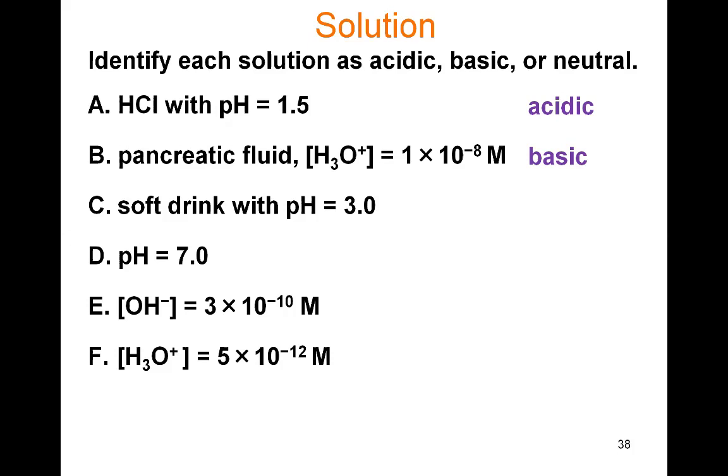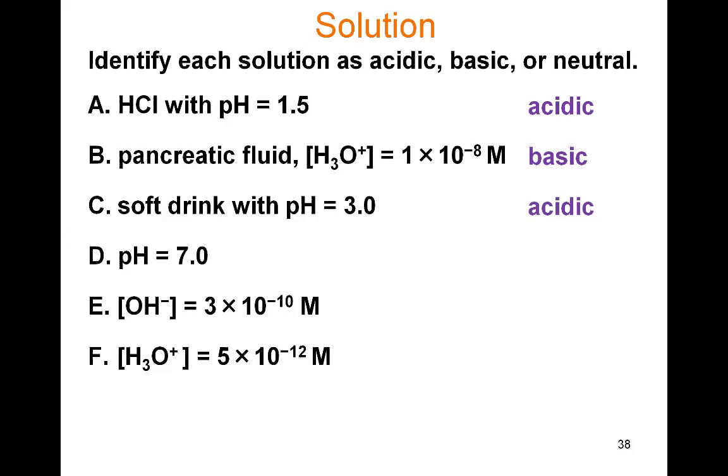C, a soft drink with pH equals 3.0. That's acidic. We know because pH below 7 is acidic. Soft drinks tend to have phosphoric acid in them or carbonic acid. So they usually are acidic.